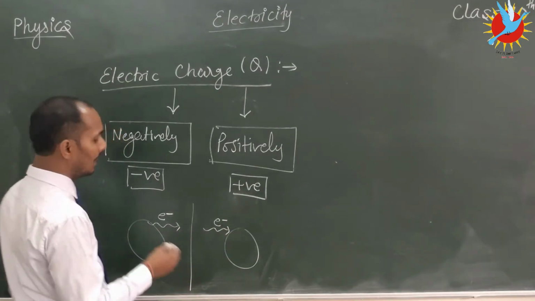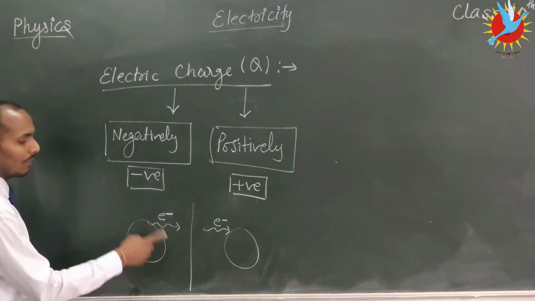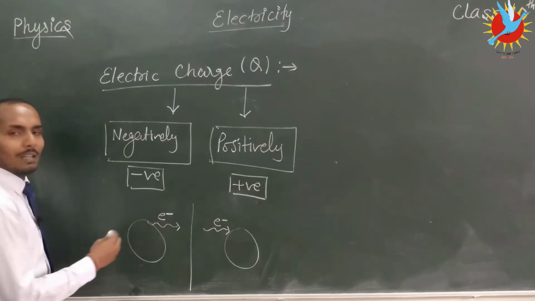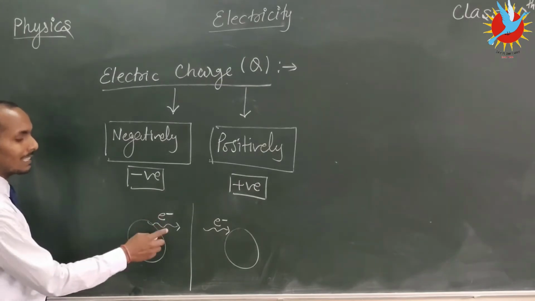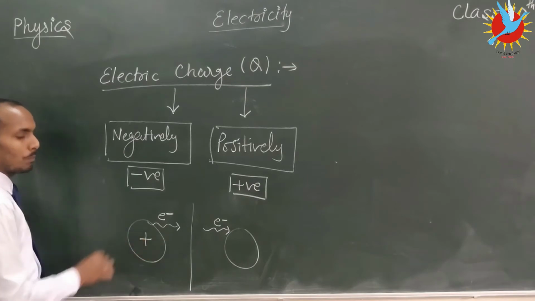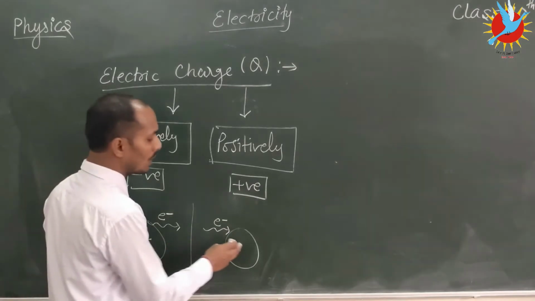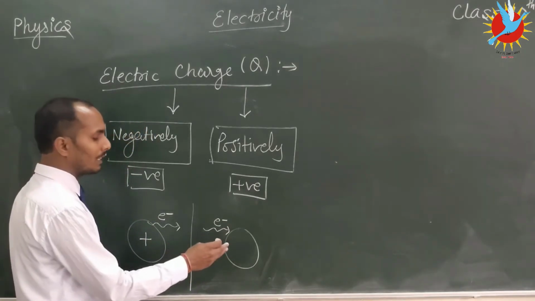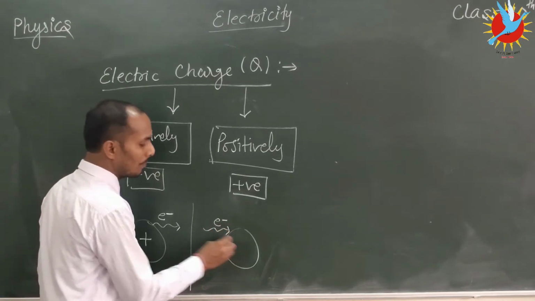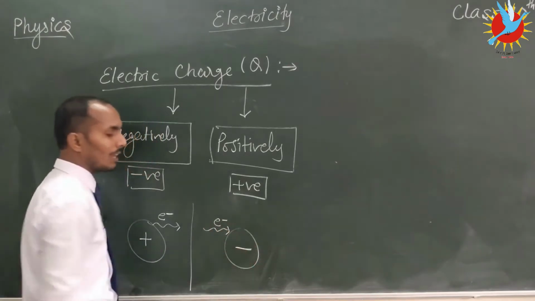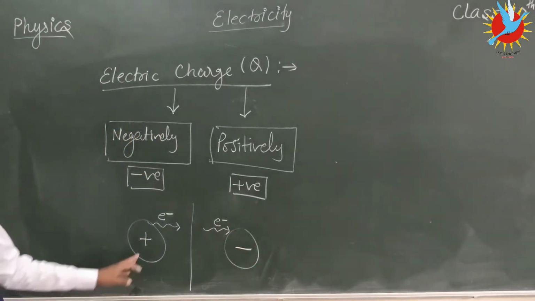There are two possibilities. If an object loses some electrons, then there are fewer electrons and the body acquires a positive charge. Those objects that gain some electrons are known as negatively charged.